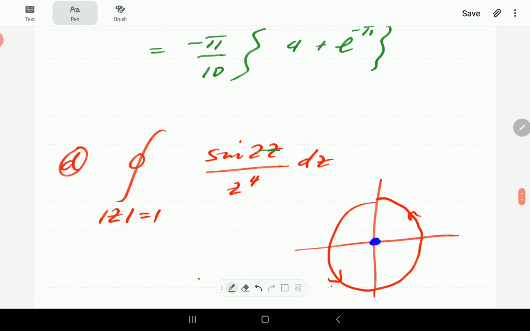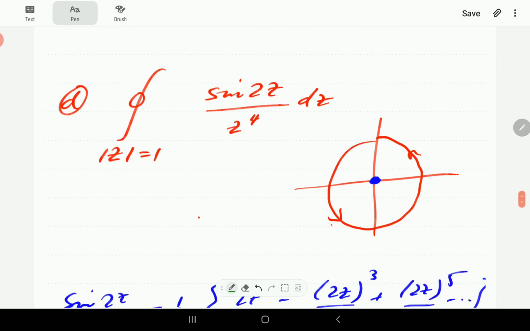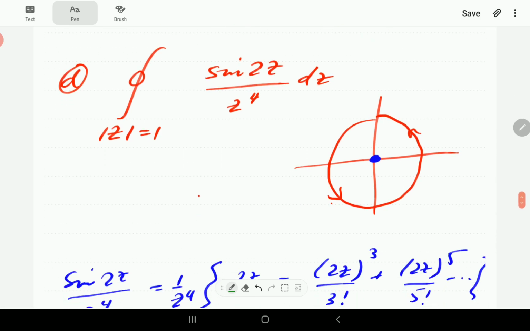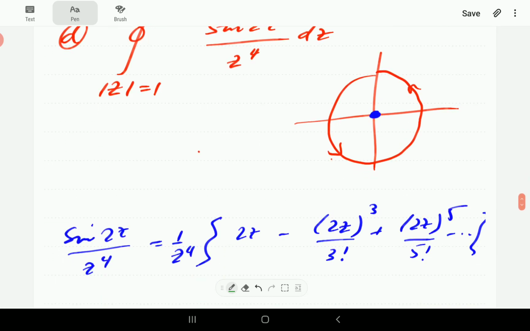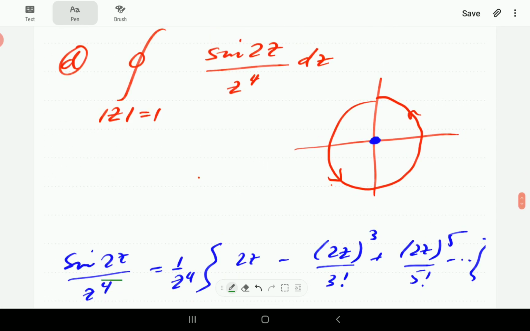Okay, for this one, the singularity at z equals 0 is inside our given contour, which is a unit circle centered at the origin. We are going to use Laurent series, expand this, and then that's going to tell us what type of singularity z equals 0 is, especially because this is also 0 at z equals 0.